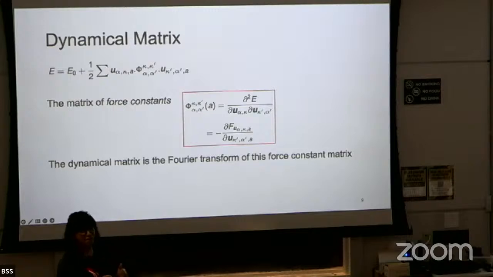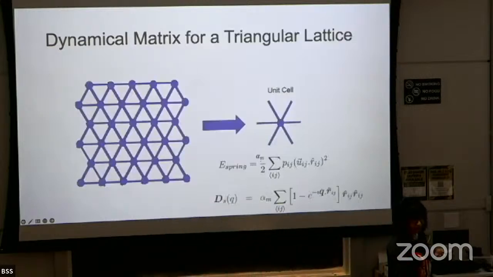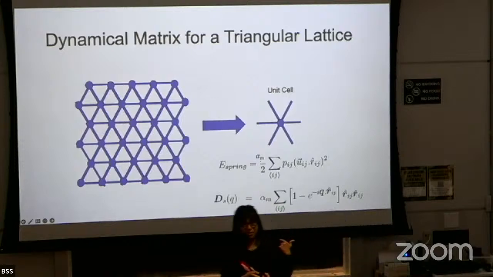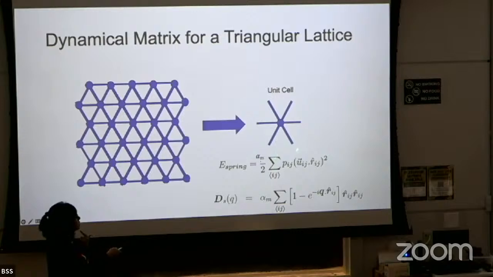The position dependence comes from doing this for the entire network. Let me show you an example: let's say this is my triangular lattice spring energy. When I write down the dynamical matrix, first in real space and then take a Fourier transform, in real space it's just going to give me Rij, if I take the second derivative of this energy with respect to the displacements, the Uijs.